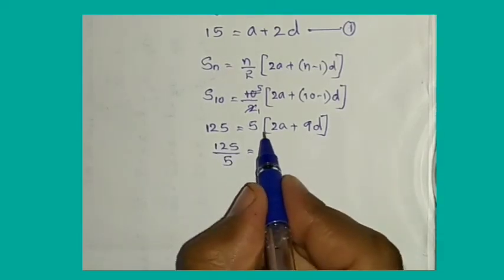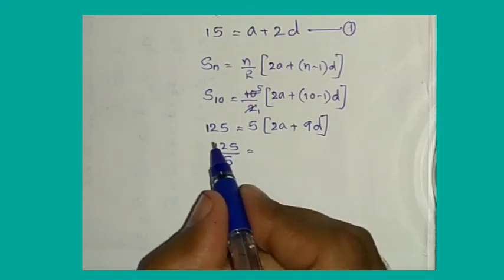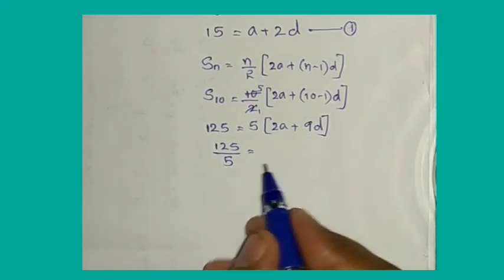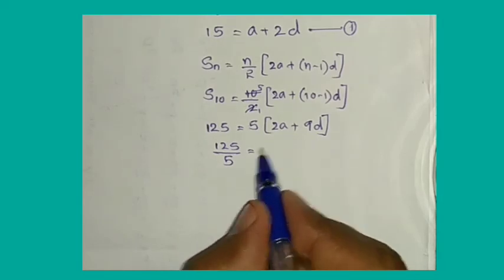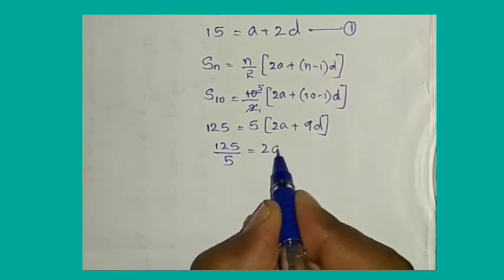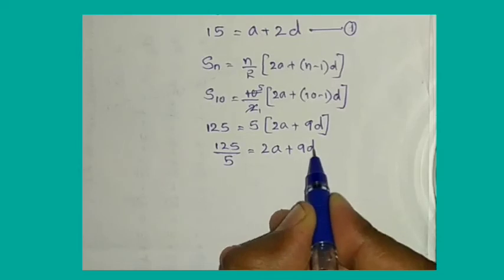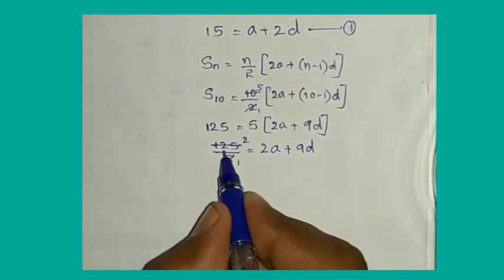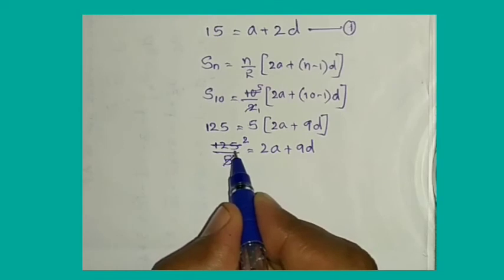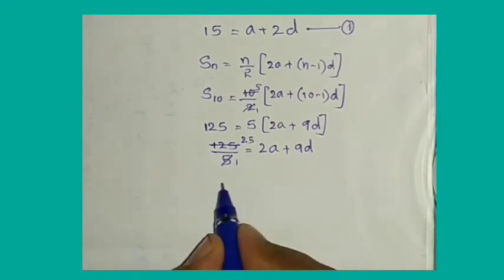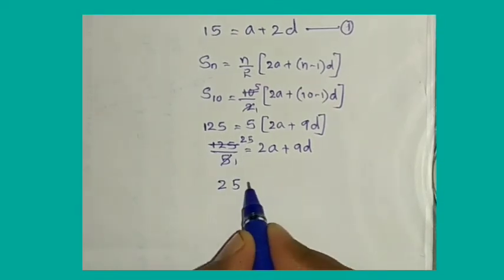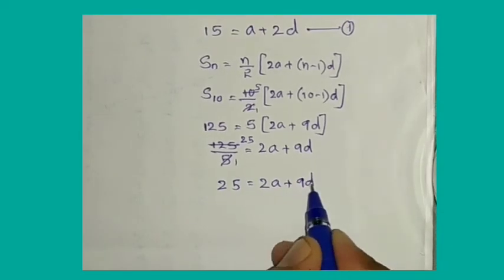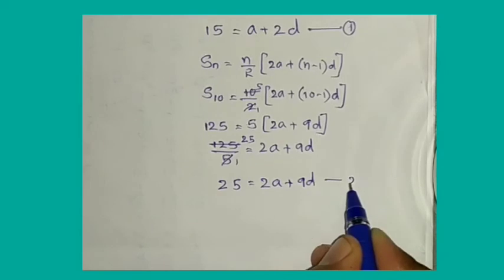What is left is 2a plus 9d. 5 ones are 5, 5 twos are 10, remaining 2, it becomes 25. So our new equation is 25 equal to 2a plus 9d. This is equation number 2.